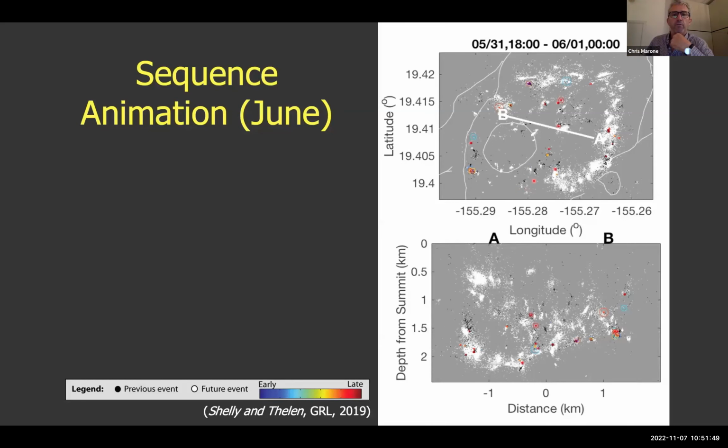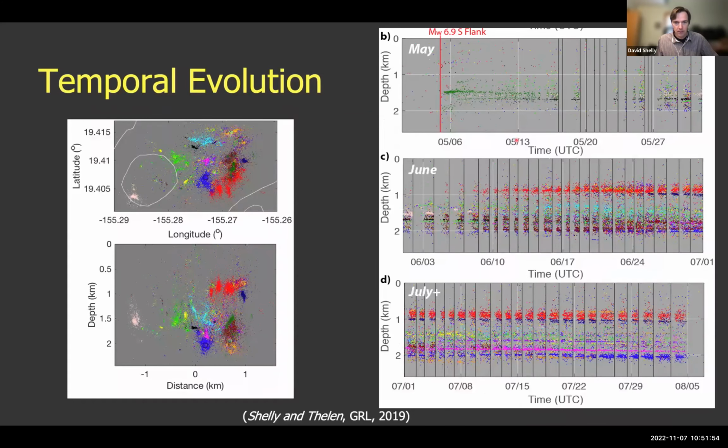Hey, Dave, can I ask a question about that slide before you go? You didn't mention it, but it looks like the depth of those different sequences increases with time. Is it a real effect, or is that something you're not sure about? My sense is that the overall deepening with time is a real effect. There was a big zone that was essentially sinking down, and there were sort of faults within faults.